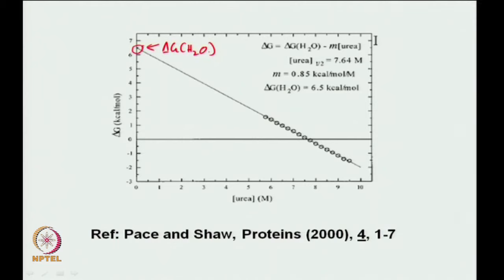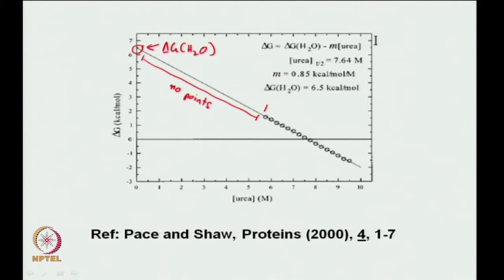Now, you look at from this portion to this portion. Are there any measurement points? There are no points from experiment. There are absolutely no points from experiment. This region corresponds to which concentration?